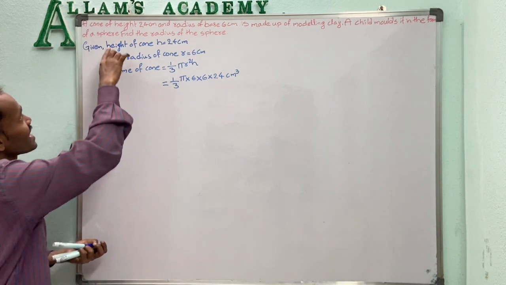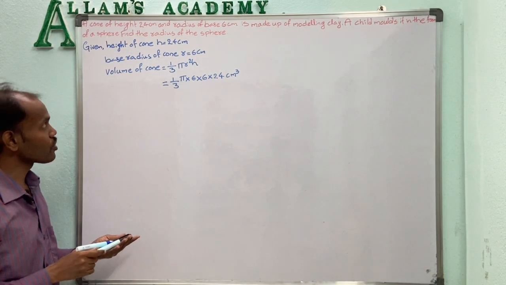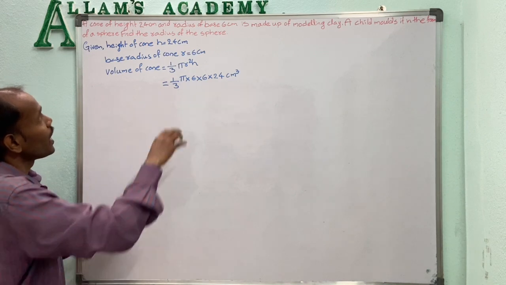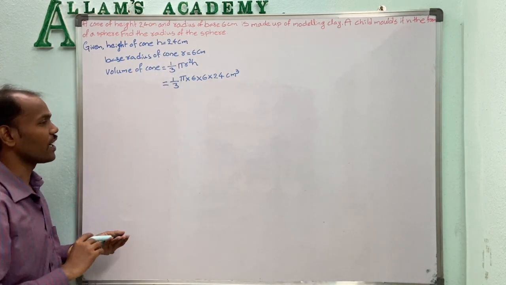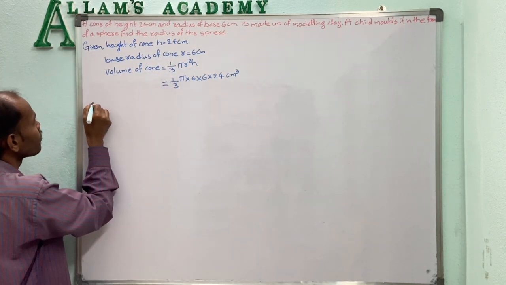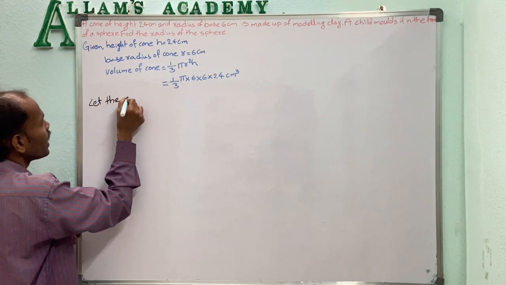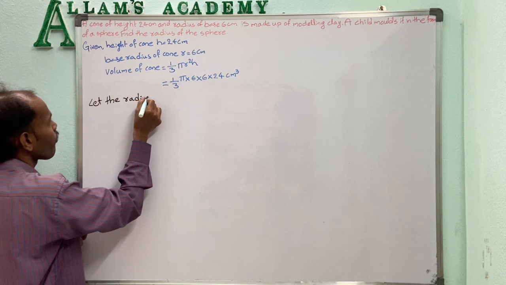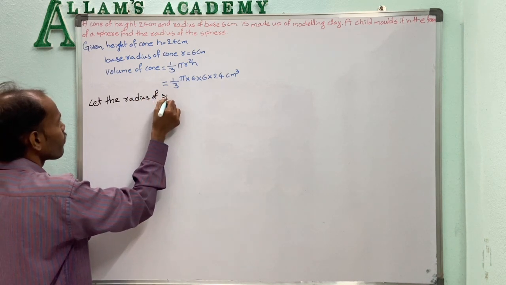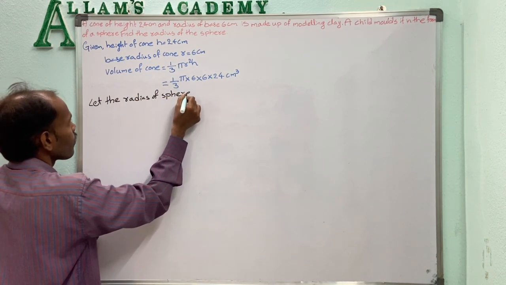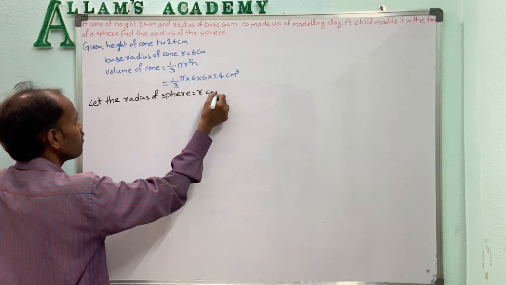Next, that is turned into a sphere, and we only want to find the radius of the sphere. So let the radius of the sphere be r centimeters.